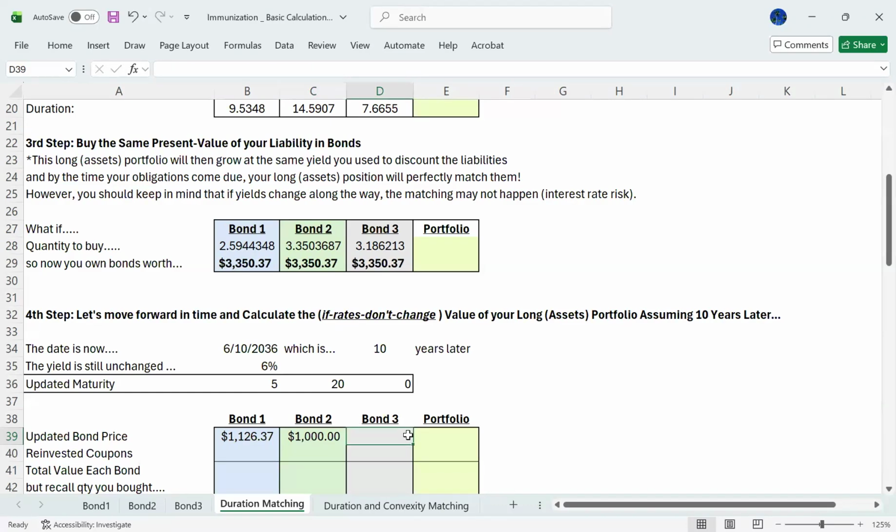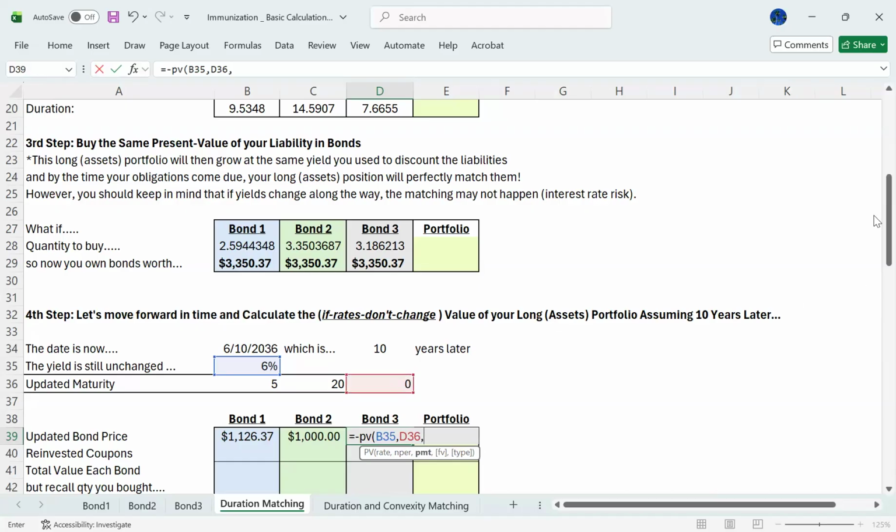What about bond 3? Bond 3 is a very special case because now we have reached maturity. So whenever a bond already reaches maturity, we will see what happens with the price. It's quite interesting. Then we are assuming that the rates did not change. They stayed at 6%. Now the number of periods until maturity is 0. No more periods. We are at essentially maturity.